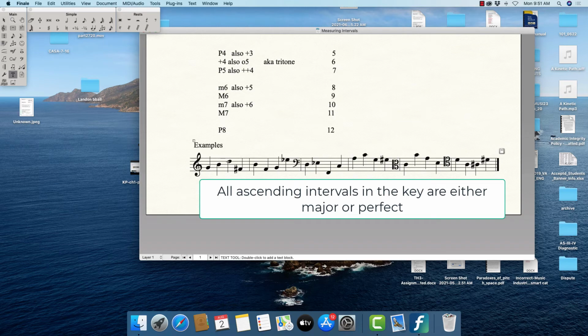But if we count the half steps, which is a little bit slower process, F sharp to G is 1, G to G sharp is 2, G sharp to A is 3, A to B flat is 4, B flat to B is 5, B to C is 6, okay?